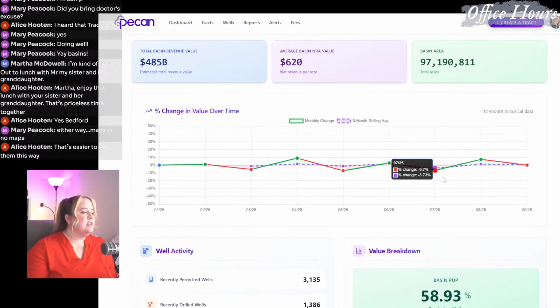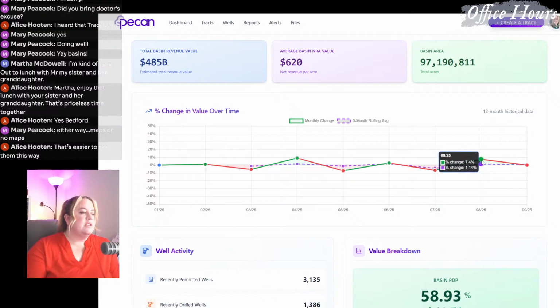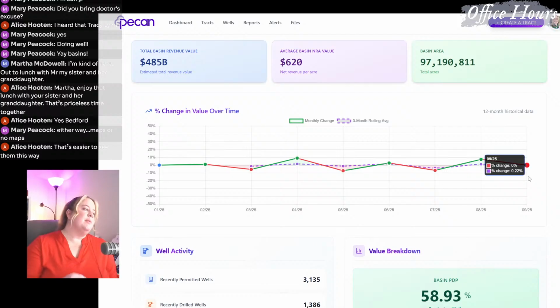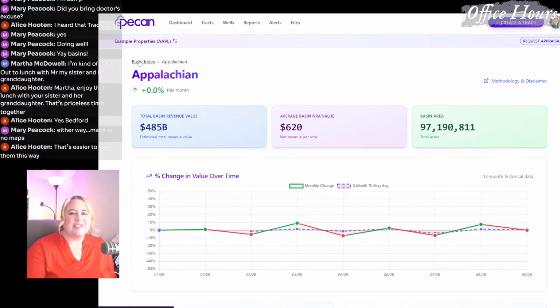We generally saw a slight increase in gas prices, so that made anything tied to gas slightly increase going into August. There's a slight decrease going into September, and then October is rolling out today, actually. So this will update with October's later today. Wasn't able to get it in before today's live stream.